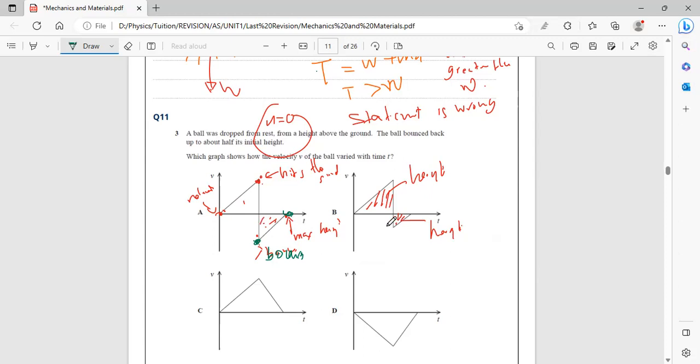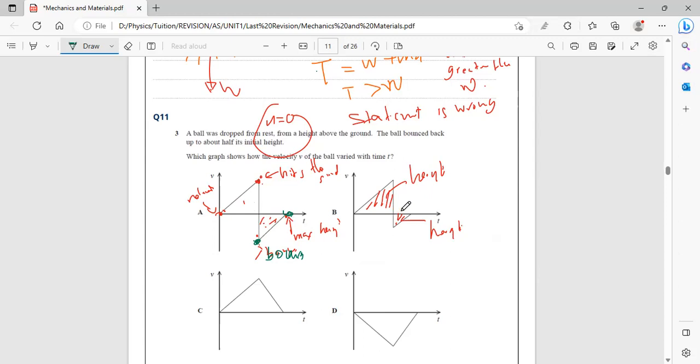A and B both have the same shape. So D and C are out anyway. But it's more likely to be A because the area after the bounce is very small. If you take B, it doesn't look like half.